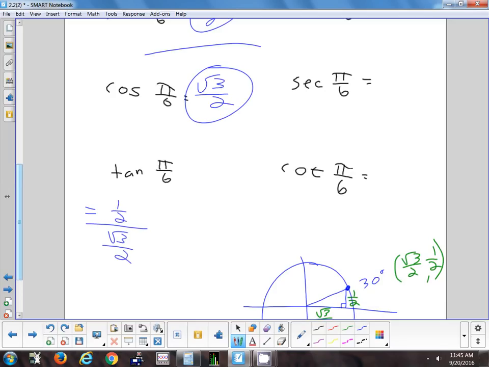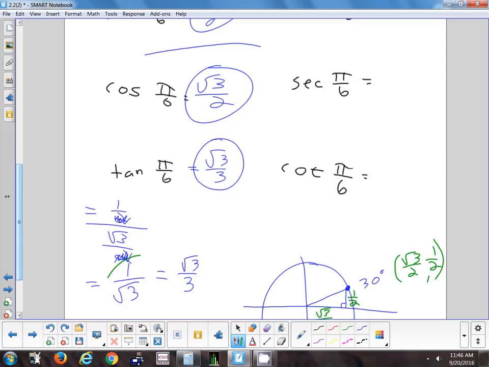Jasenia, what's going to cancel out here? The denominators. Yep, denominators are gone, and I'm left with 1 over the square root of 3, which when I fix it is the same as what? Square root 3 over 3. So for this one, I'm going to write square root 3 over 3. Let's look at the cotangent.